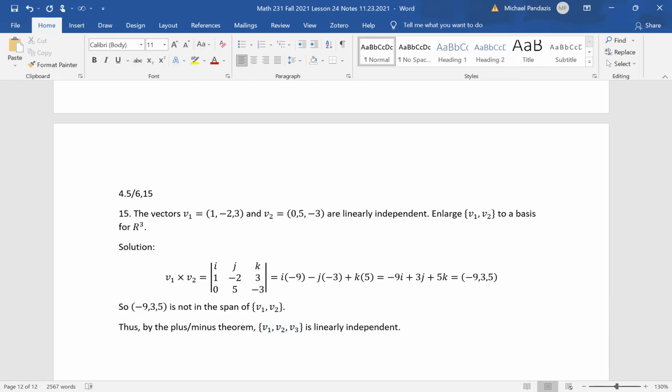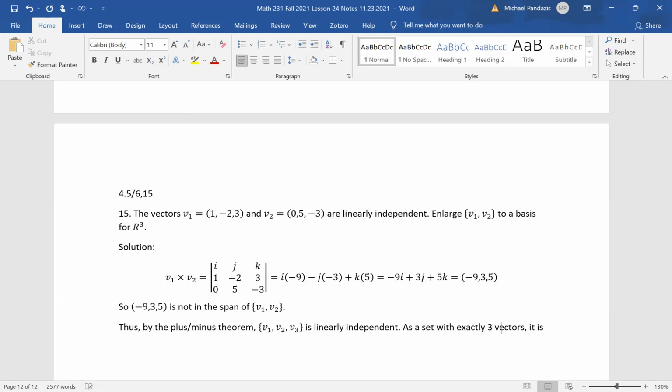Okay? So just take the cross product of two vectors, and the result is not in the span of the two vectors, because it's not in the plane through those two vectors. So that new set is also linearly independent. I enlarged it, so that's linearly independent as a set with exactly 3 vectors.